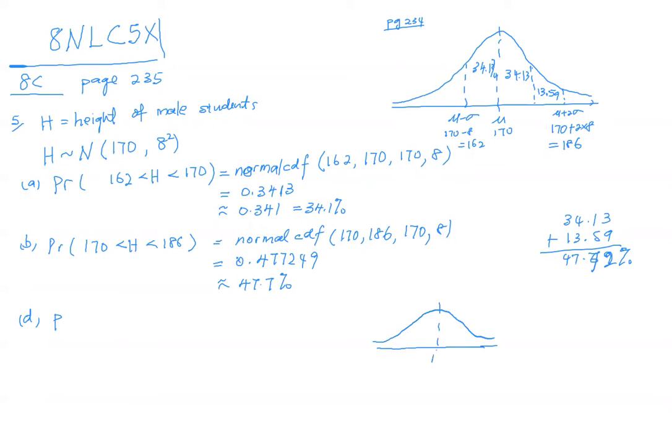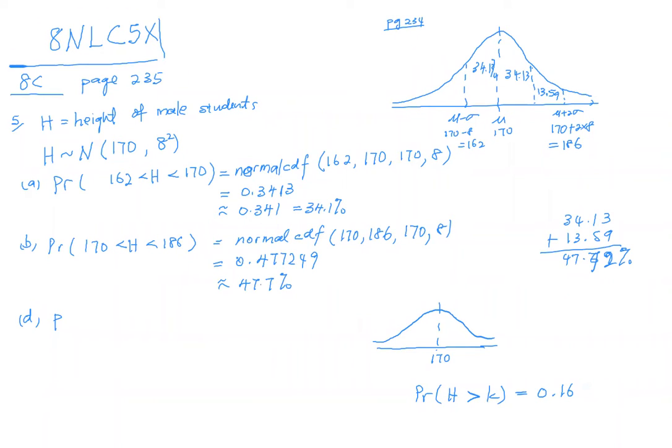Okay, they say estimate the value of K such that 16% of the students are taller than K. So that means now, if I draw my bell shape, this is my 170. Probability of H greater than K is 0.16. So can someone tell me K is greater than 170 or less than 170? Jared? K is greater or less?